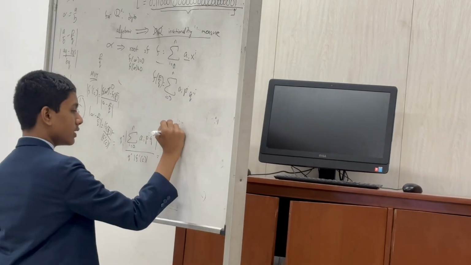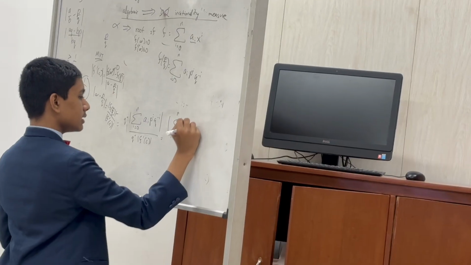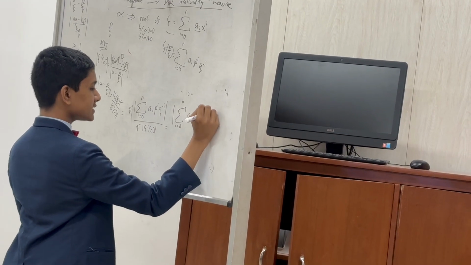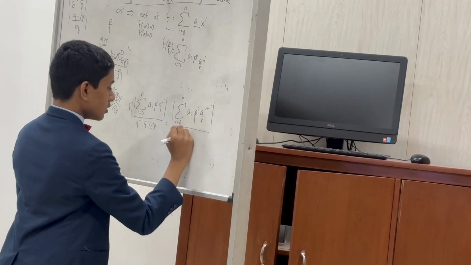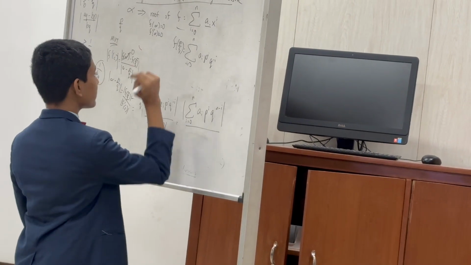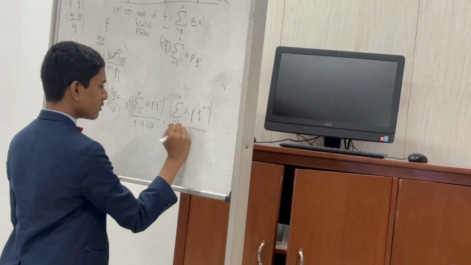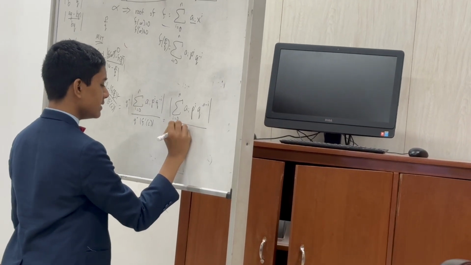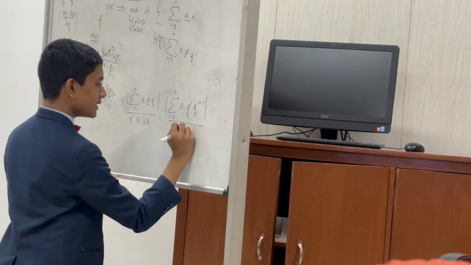And this is going to give us the sum from i equals 0 to n of a_i p to the i q to the n minus i over f prime of c, which is just a constant, which we know is bounded from the intermediate value theorem. So I'm going to call that constant, I don't know, v, and then q to the n.